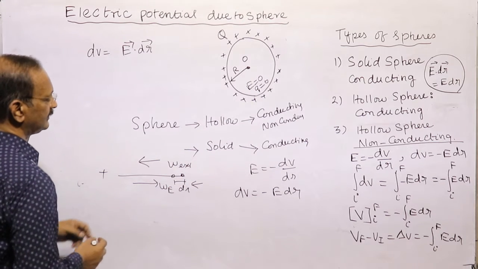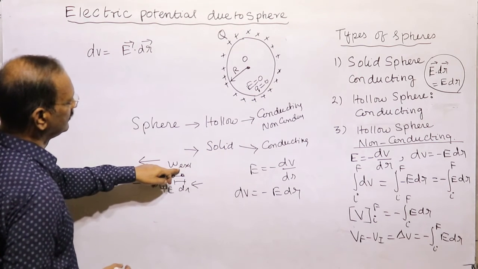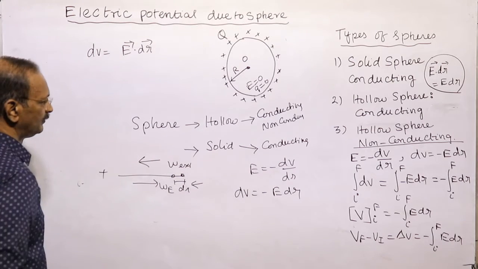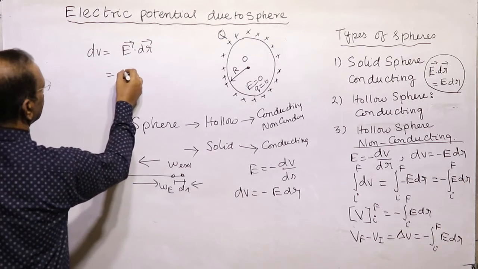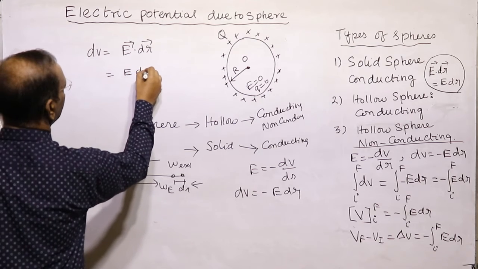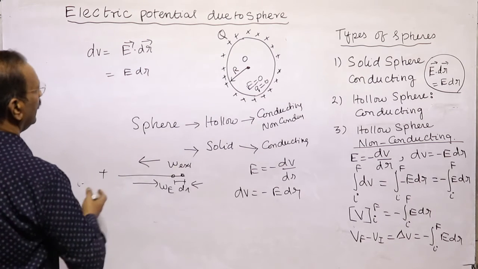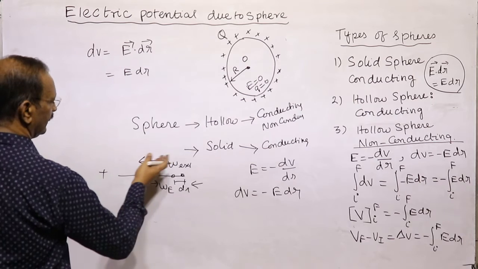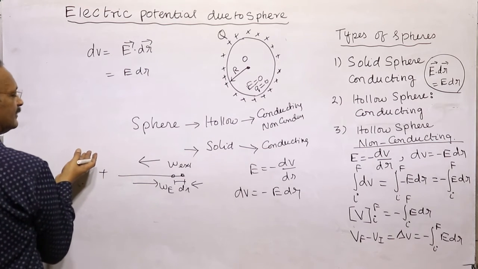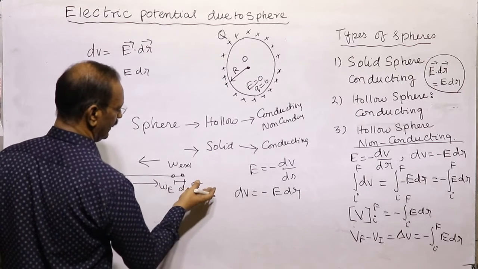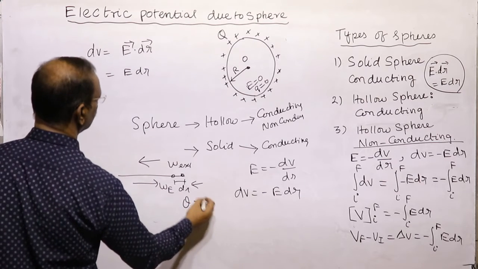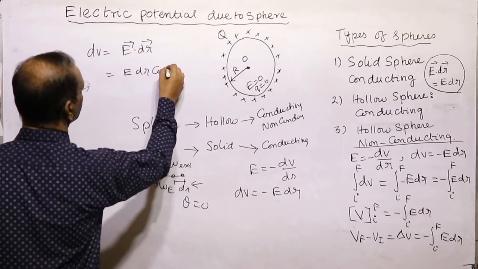So what is work? Work is equal to E into dr. In this case, the external work done means work done against the electric field, and this is the distance moved, and the angle between them is 0, so cos 0.